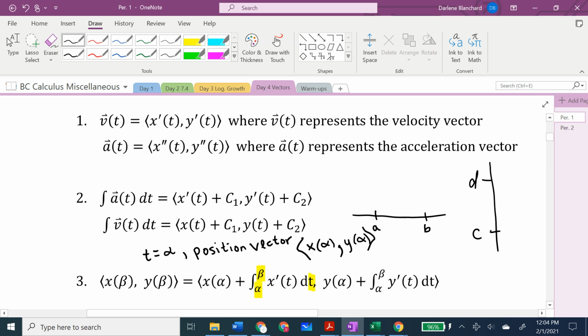And typically, you're just going to be given numbers. These are just numbers, but they're based on a particular time.